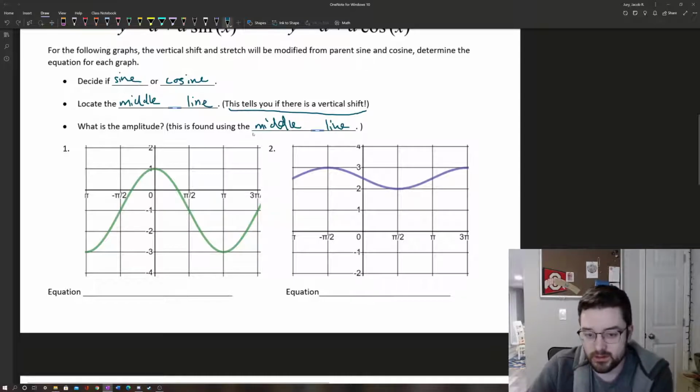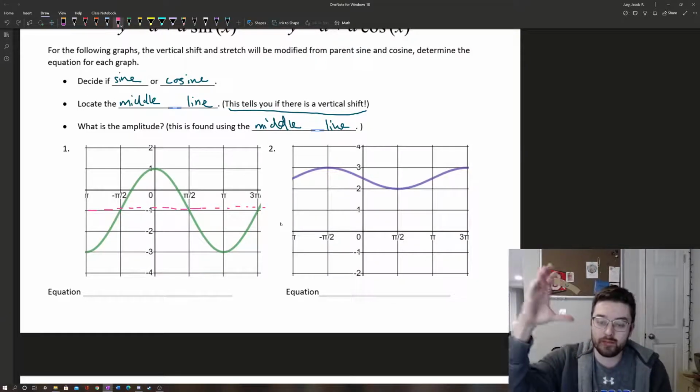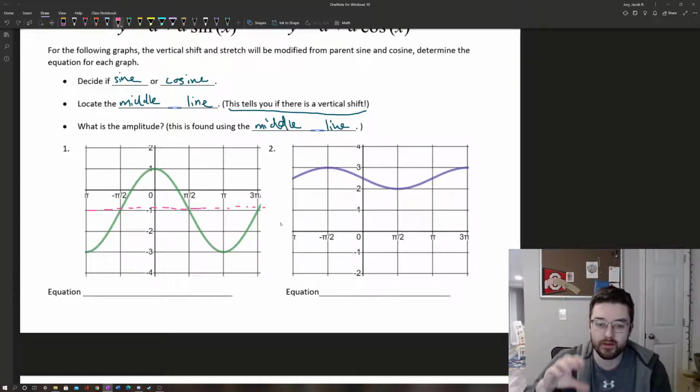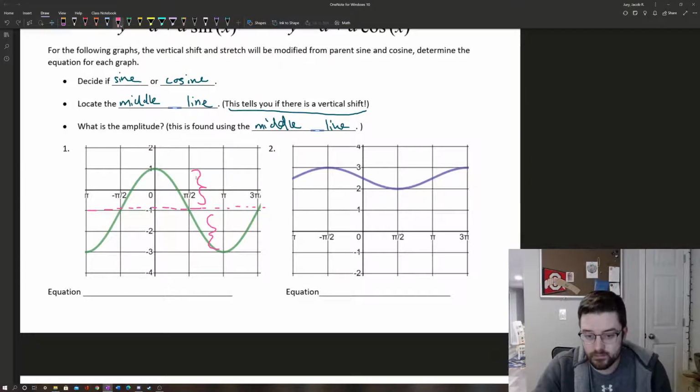So if we take these two examples, for number 1, I'm going to notice my middle line just by looking at the symmetry, making sure that I have an equal amount of amplitude above that line and an equal amount of amplitude below that line. And I'm going to notice that the units from my middle line to a peak or to a valley is 2. So that's my A value. My A value is 2. That's my amplitude. Oh my gosh, I'm getting out of order. I'm so excited about the middle line.